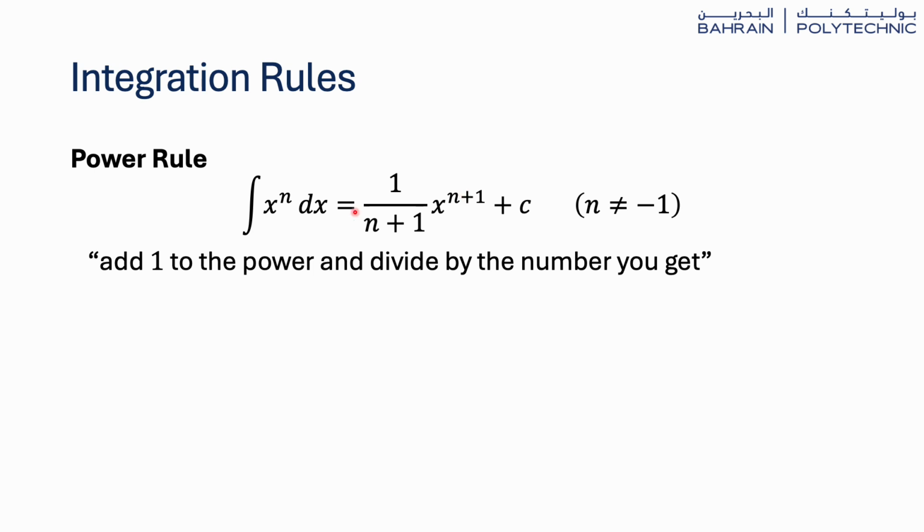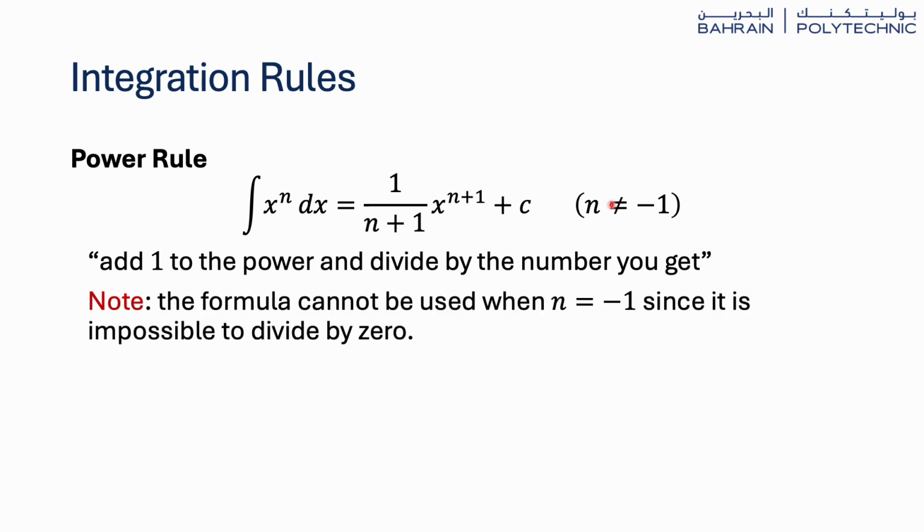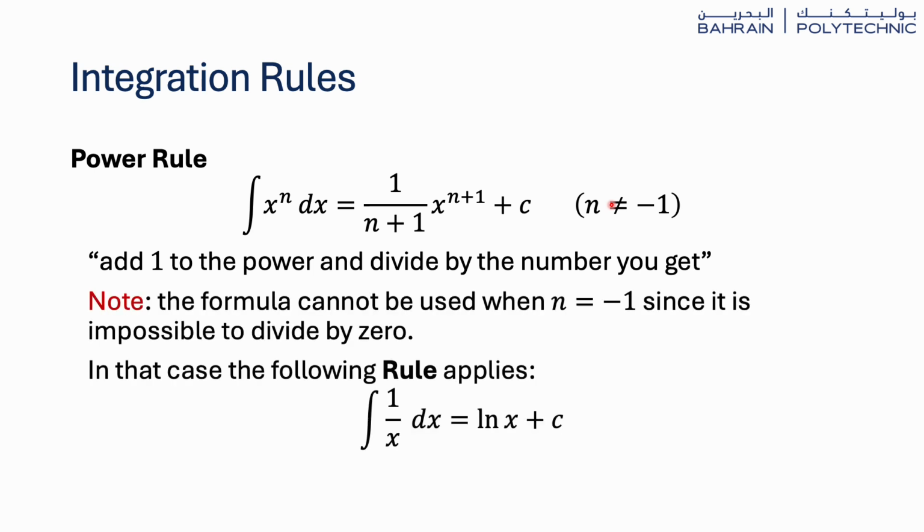This is valid for any n except n equal minus 1, because we cannot divide over 0. So we have the special case for n equal to minus 1, which is the integration of 1 over x dx, which will be ln x plus c. So this is a special case that we can have when n is equal to minus 1.